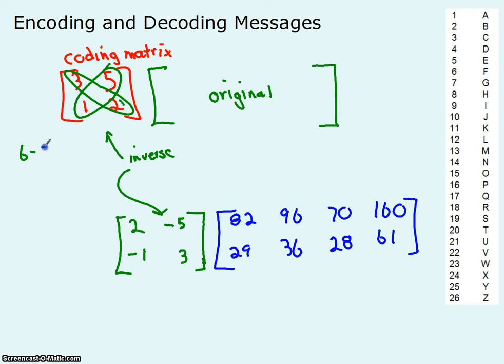So that was 6 minus 5, so we would divide by 1. Dividing by 1 doesn't change anything. So now I've got my coded matrix right here in blue, and here's my decoding matrix. Okay, so let's do that multiplication now.